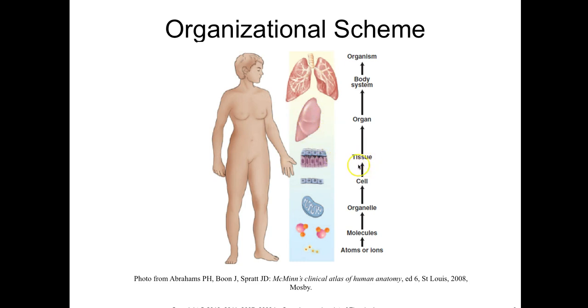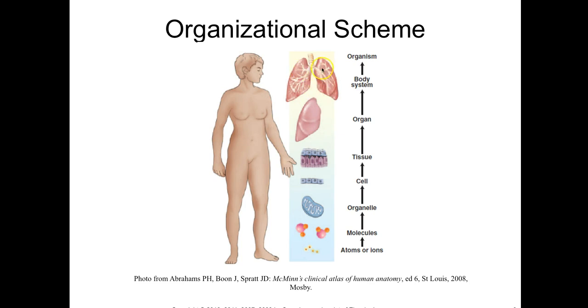Now we just keep in mind we have four major tissue types. We have connective tissue, epithelial tissue, nervous tissue, and muscular tissue. So most of our organs are composed of all four of those types of tissues. So our example here is a lung, and our lung belongs to a body system.